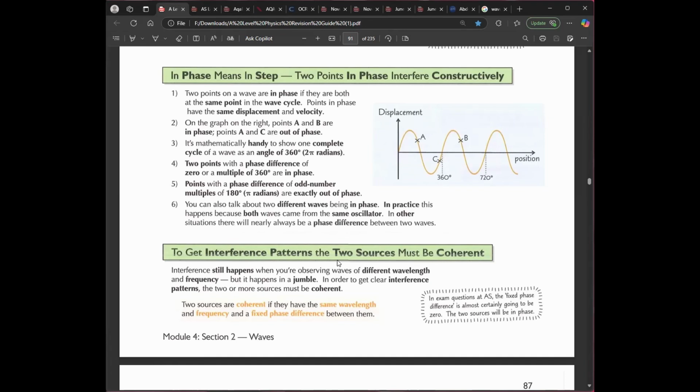If you want to see destructive interference, the phase difference should be 180 degrees, because that just means the trough of one of them falls on the crest of the other.